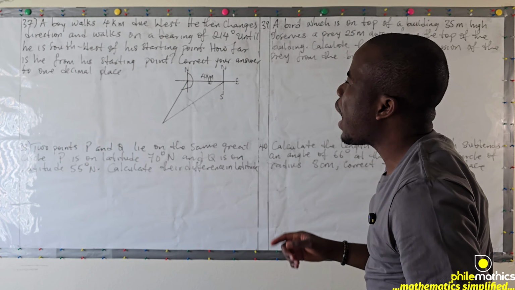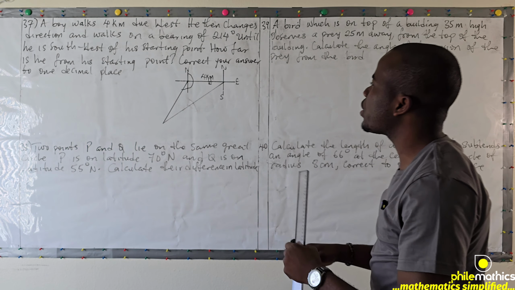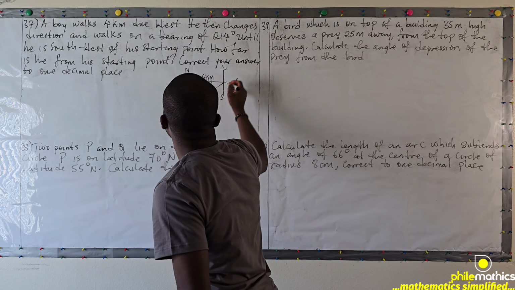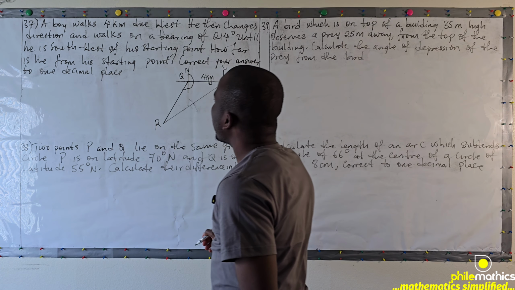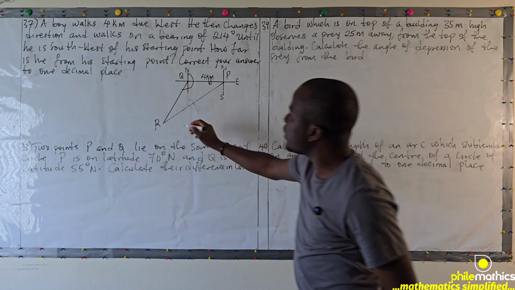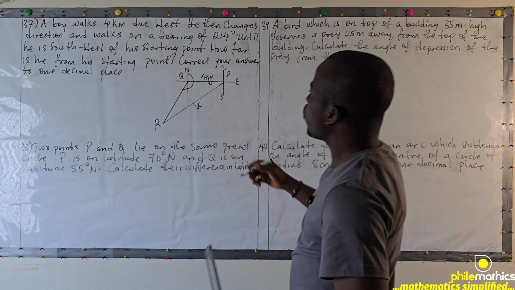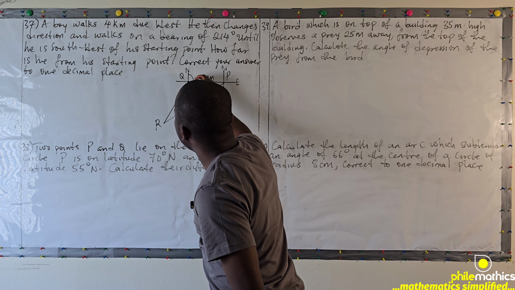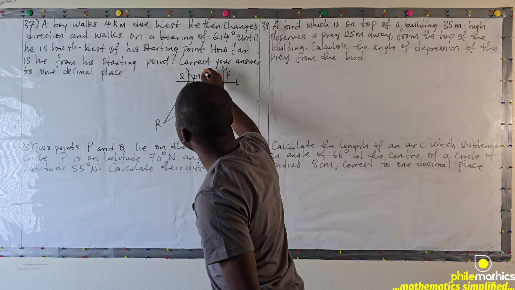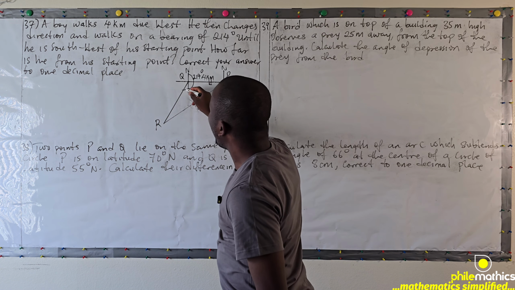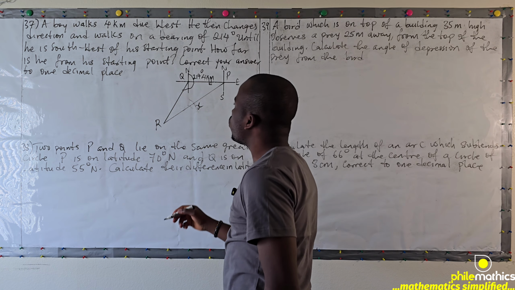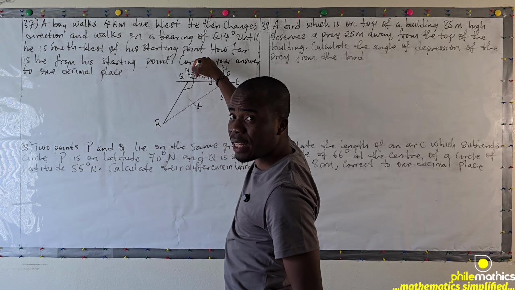We are not told how far he is from his starting point. So if we call here P, here Q, here R, we are actually looking for the distance of this. Let's call it X. How far is he from his starting point? If here is 214 degrees, from here to here will be 214 minus 90 because this is 90 degrees.